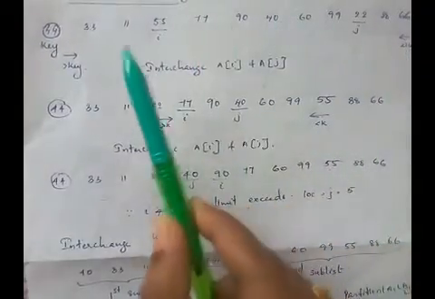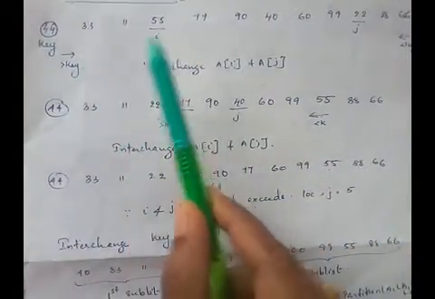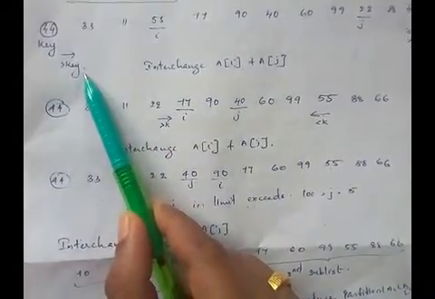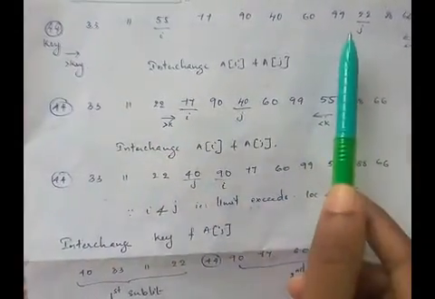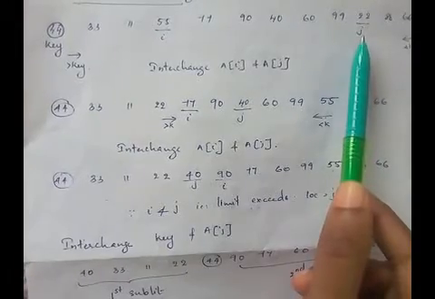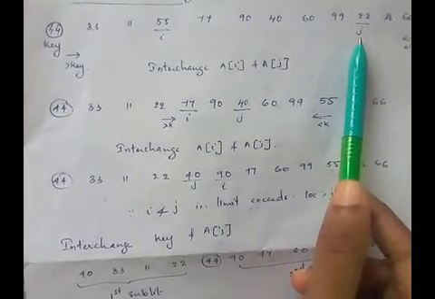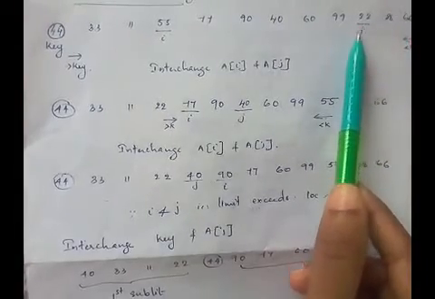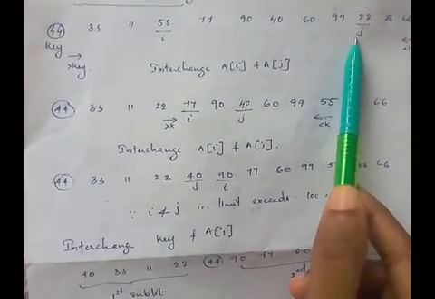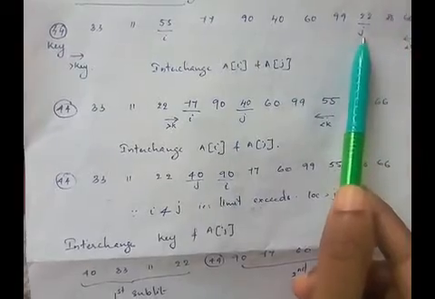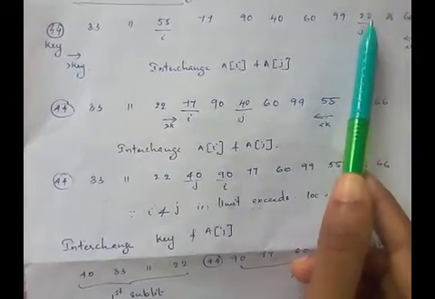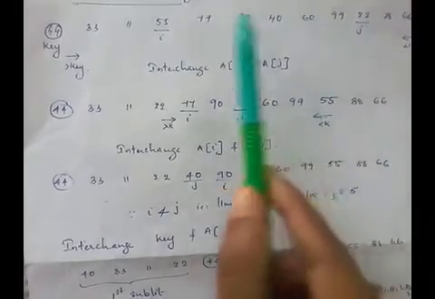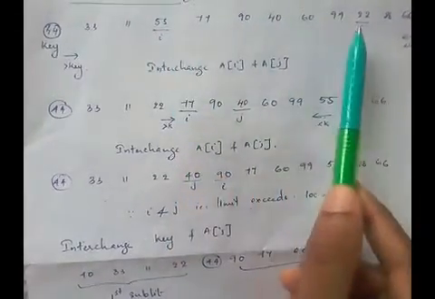So while doing that, we will stop at 22. If j is a variable used to scan from right to left, then j will stop at the position where 22 is stored.